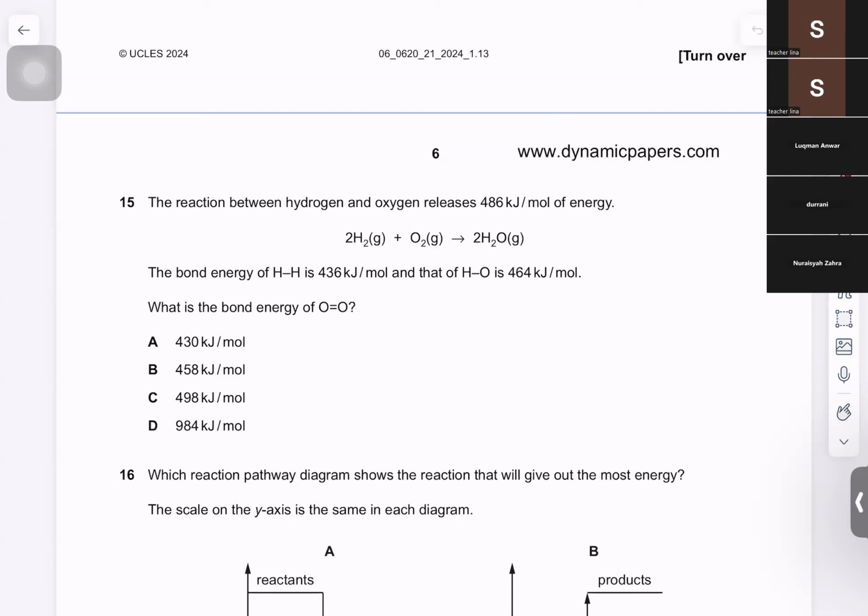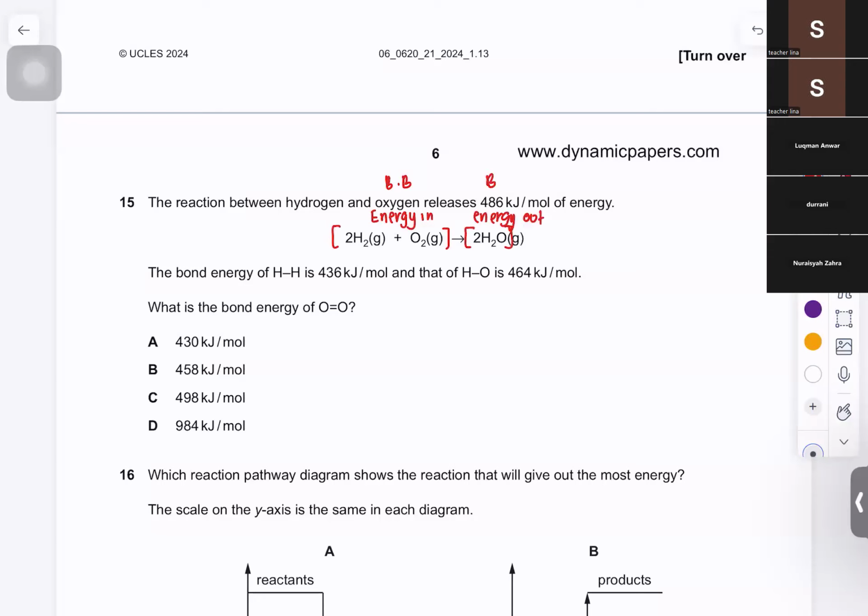Ni bawah chemical energetics: exothermic, endothermic. Energy in dengan energy out. Okay. So this one is energy in. Teacher panggil dia bond breaking je. Teacher panggil dia BB, bond breaking. Okay, bond breaking. So 2H2O, that one is energy out.